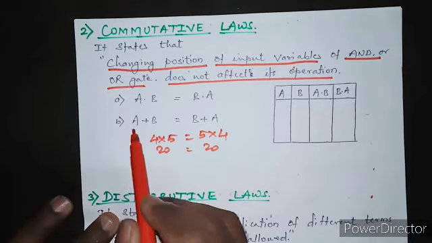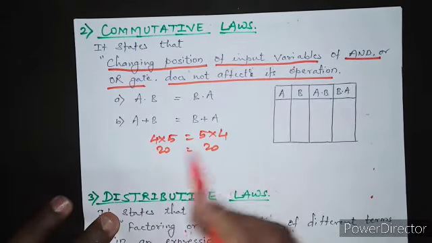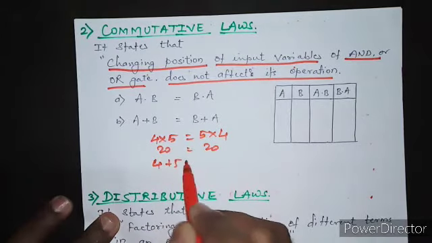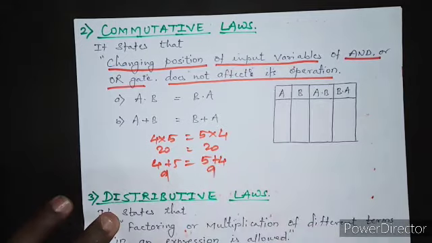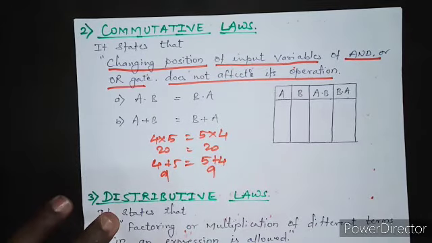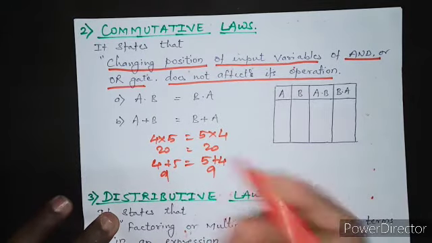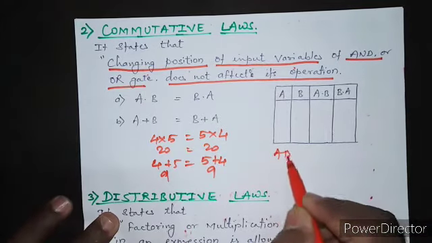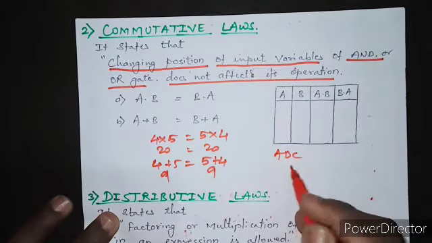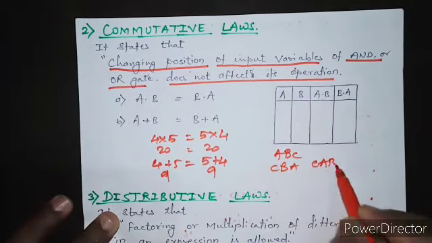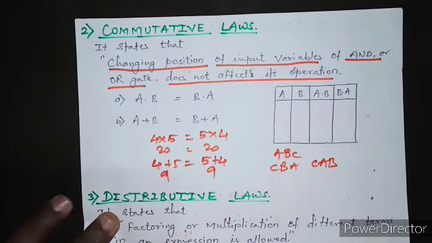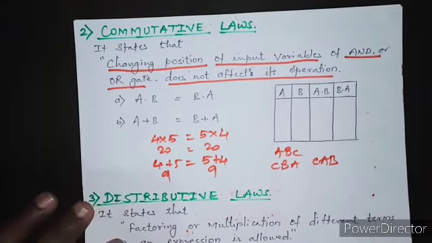Similarly, A plus B equals B plus A. So 4 plus 5 is equal to 5 plus 4, this will give you 9, this will again give you 9. If I have A, B, C, I can equally write C, B, A or C, A, B. Changing the position will not affect its operation.